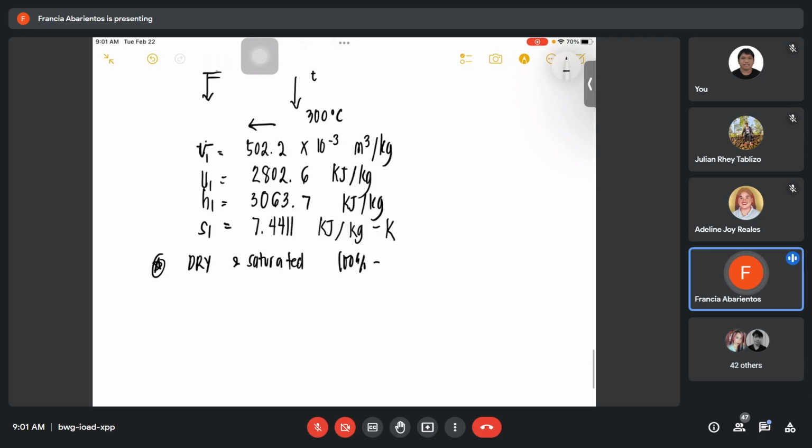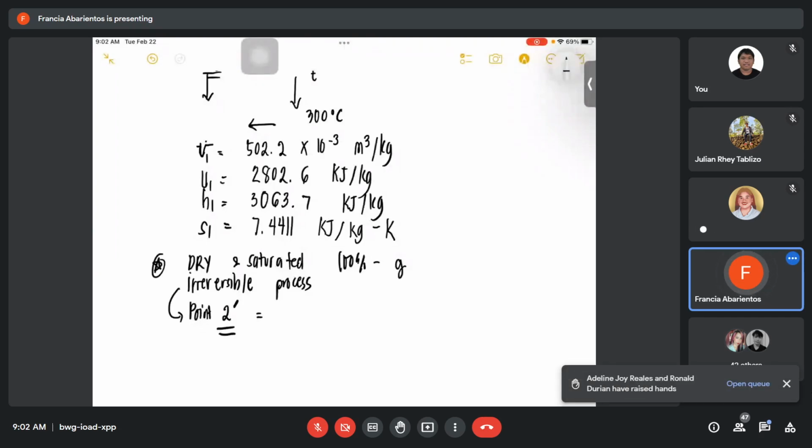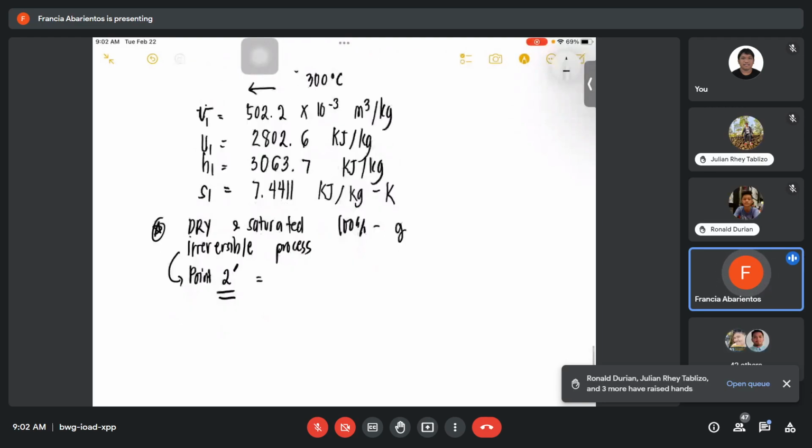Automatically, yung mga saturated vapor natin yung kukunin. And this is a irreversible process. Okay? At point 2 prime to class ha. 2 prime. Kasi irreversible process siya. Sinabi dun sa problem, magiging 2 prime siya. Naintindihan, raise your hands. 2 prime siya class kasi stated sa problem. Okay? So, this is now point 2.